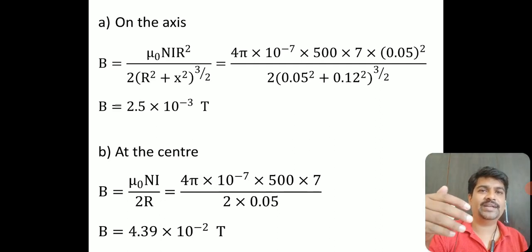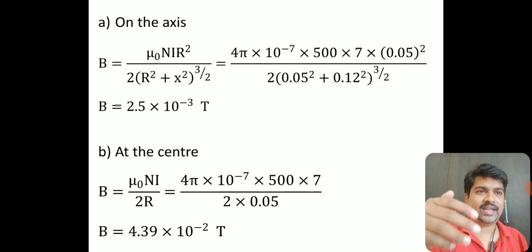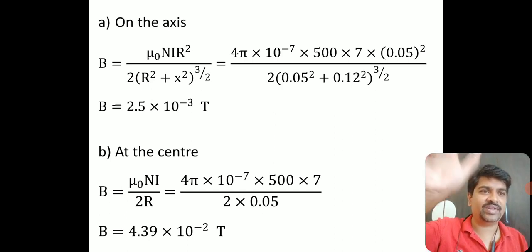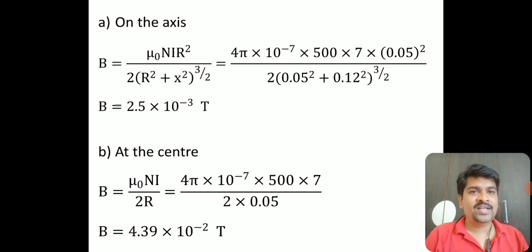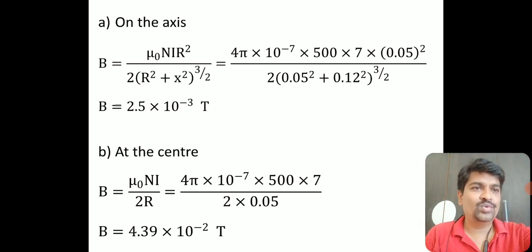So you will get magnetic field as mu naught Ni divided by 2r. You can easily deduce the equation at the center from the general equation, which is a big equation. So it is enough if you remember that big equation; you can solve any case which is given. The two problems are over.